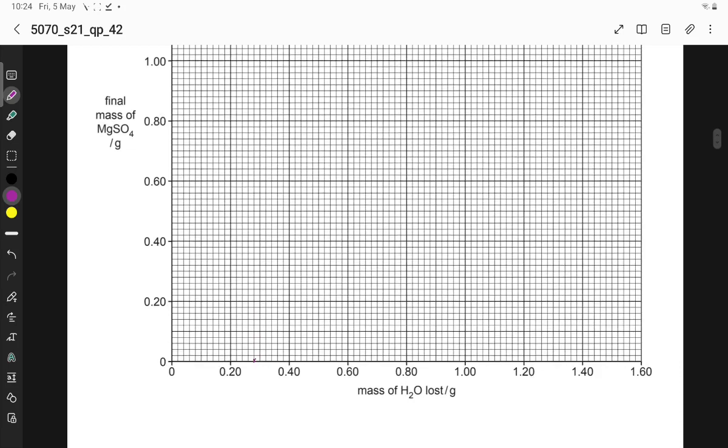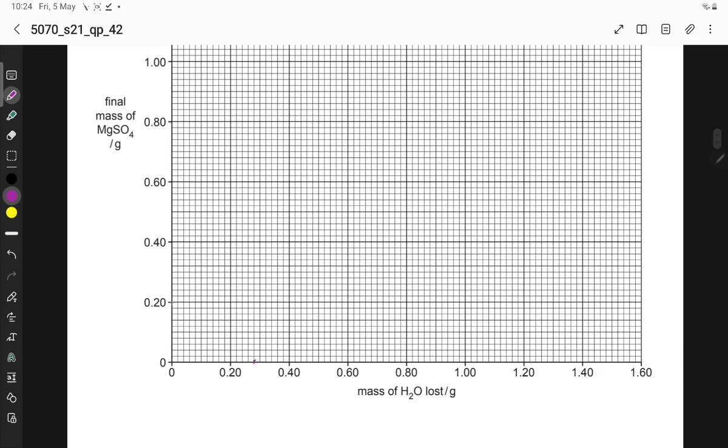So this is 0.25, and on the x-axis this is 1 2 3 4 5 6 7 8 9 10. So this point is 0.27 and 0.25.